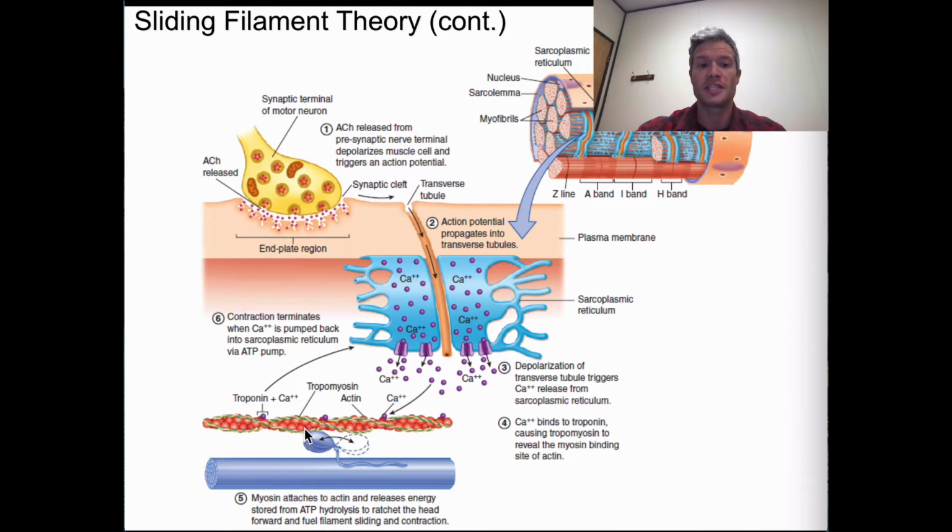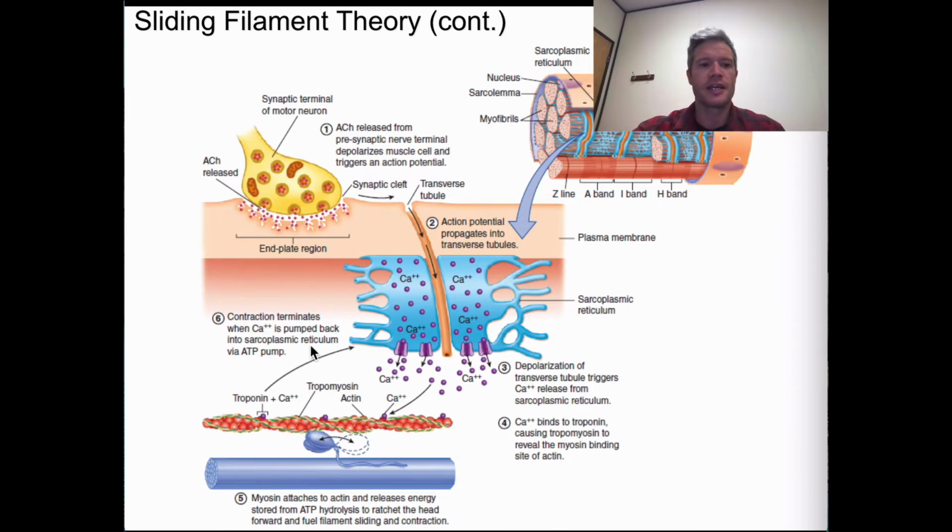Once that happens, we get a cross-bridge contraction, and we're going to go through the specifics of that shortly. So you can just think of it as the pulling or the power stroke or the power production of the shortening of the muscle.